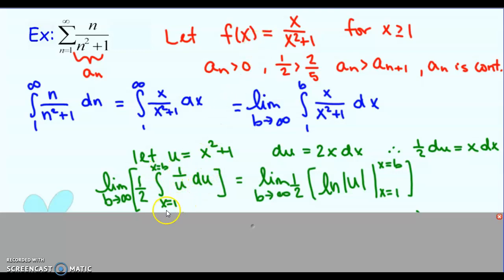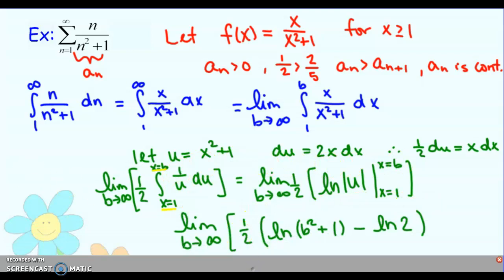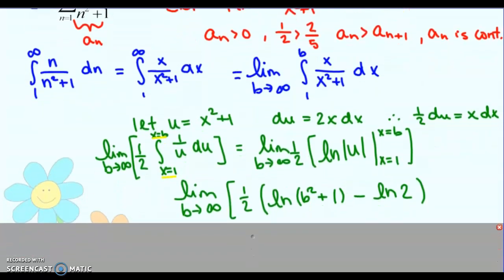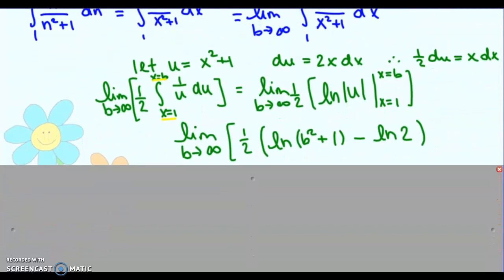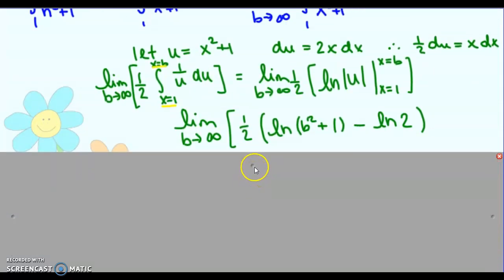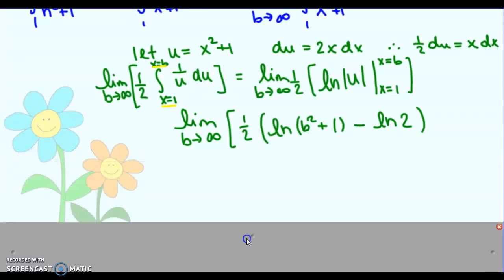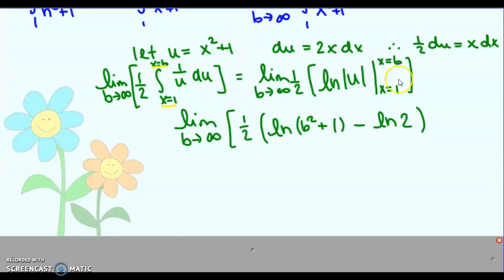And remember, you do need to do this if you're not plugging in to your expression for u. So we've got the natural log of the absolute value of u evaluated from 1 to b, which means we're taking a look at the limit as b goes to infinity of 1/2 of the natural log of b squared plus 1 minus the natural log of 2.